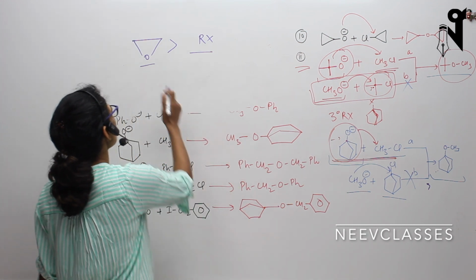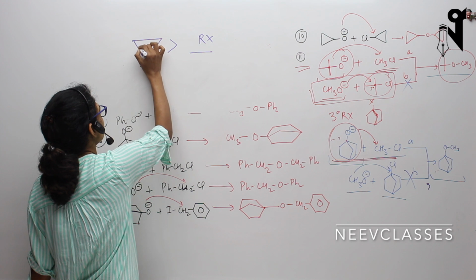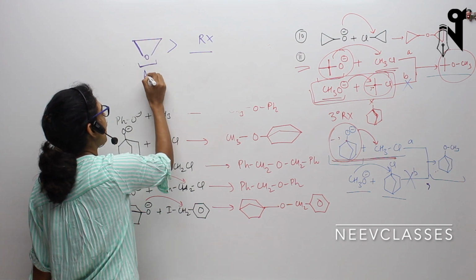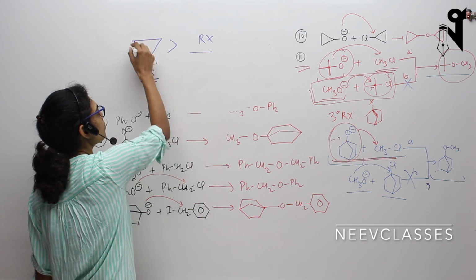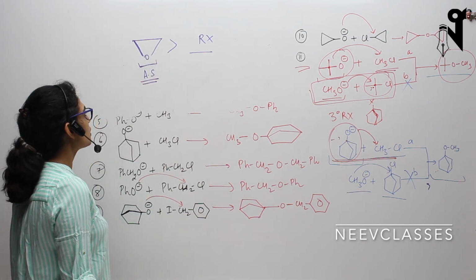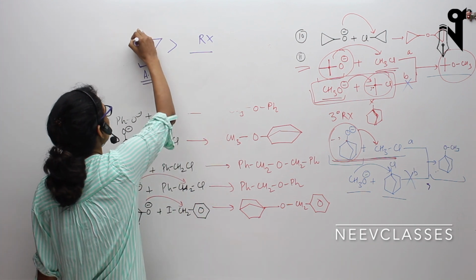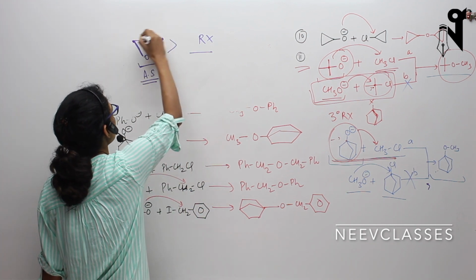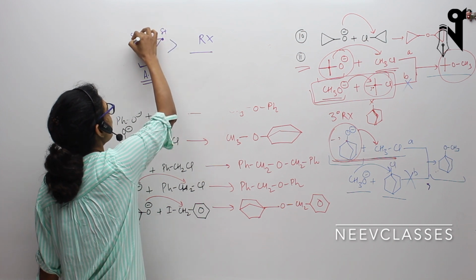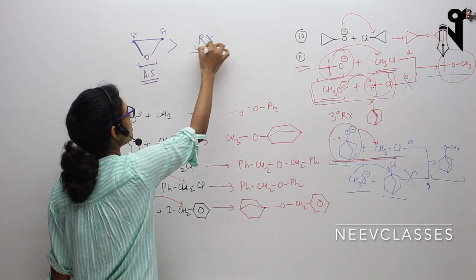Reason? First of all, there is a lot of angle strain on the epoxide. This epoxide has a high amount of angle strain. Moreover, both the carbons will have a partial positive charge. So the total partial positive charge on the carbons is more over here as compared to RX.